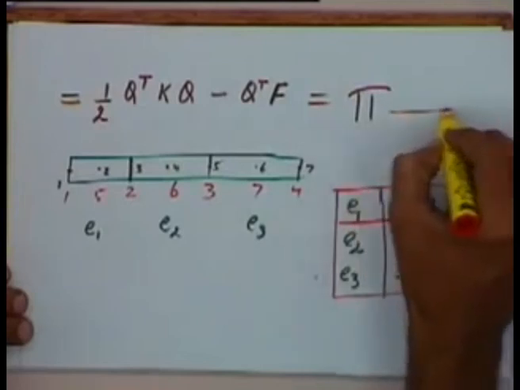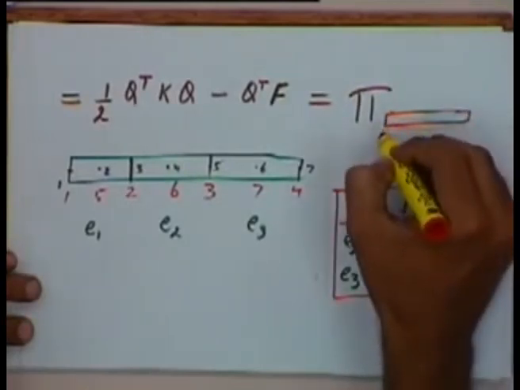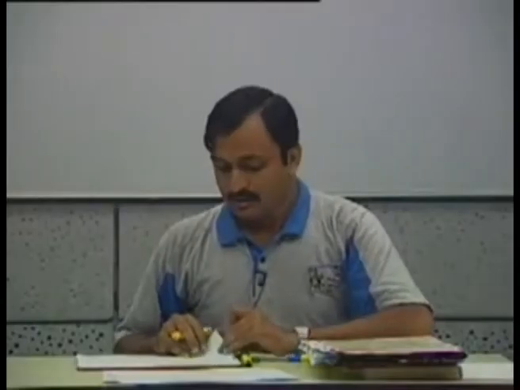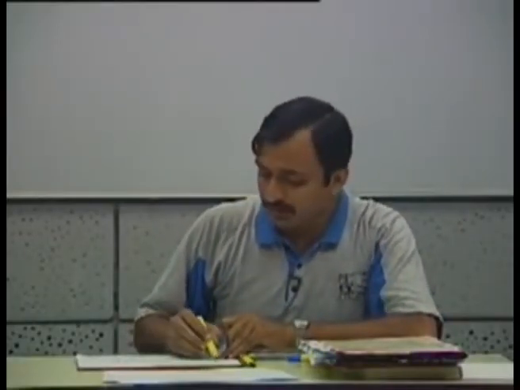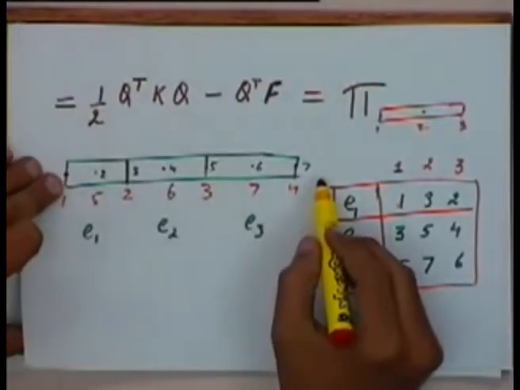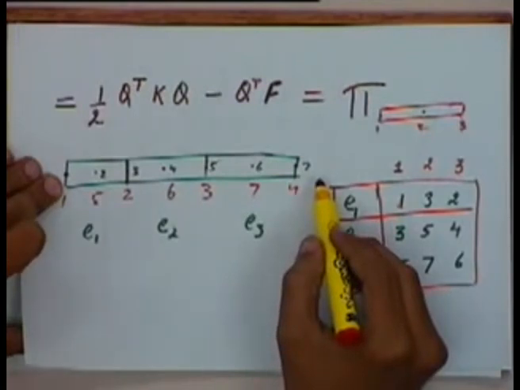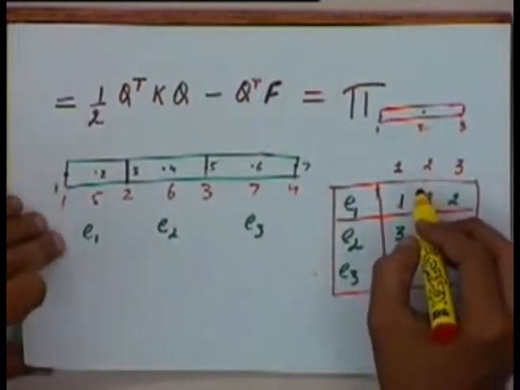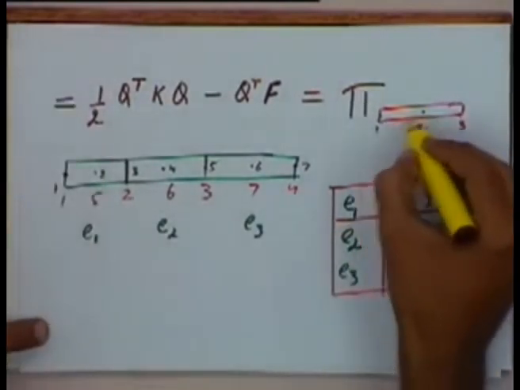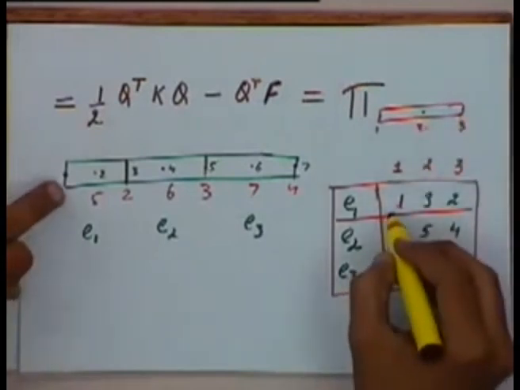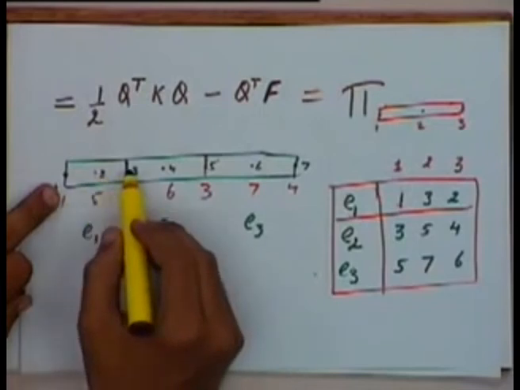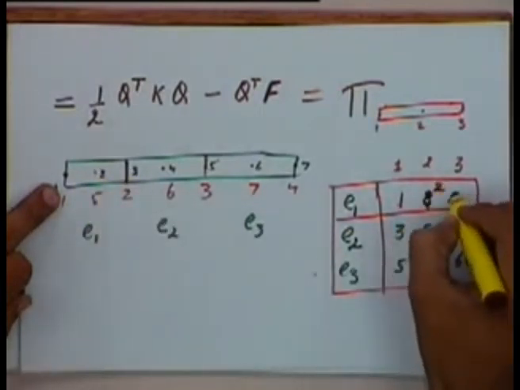That means if I had taken my local numbering like this, 1, 2 and 3, what is eventually more important is this global numbering. But then my global numbering will not be straight like this. If I am doing the numbering like this, this is my local number 1, this is my local number 2, this is my local number 3.